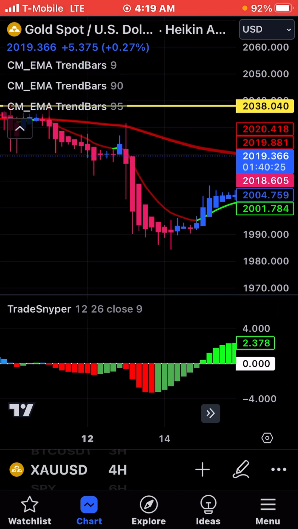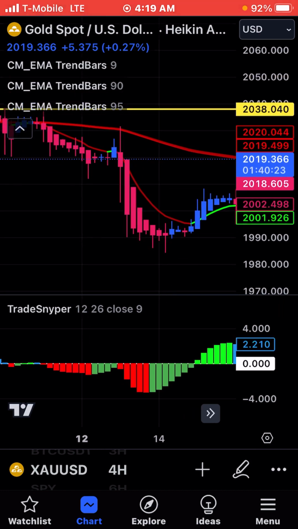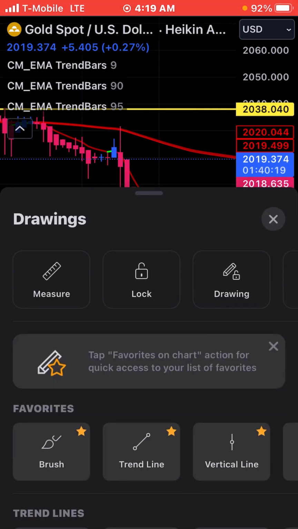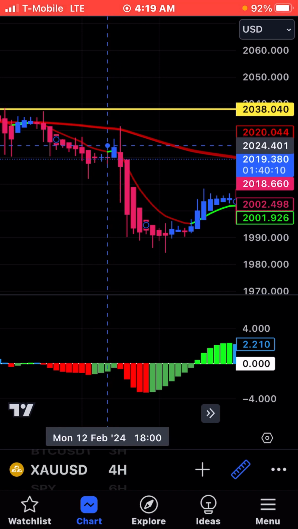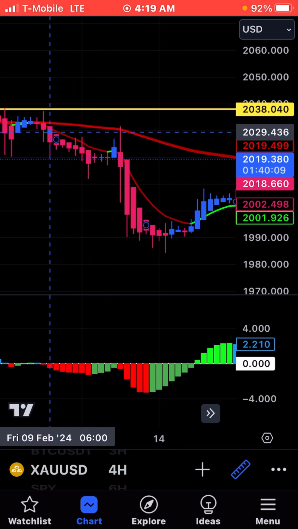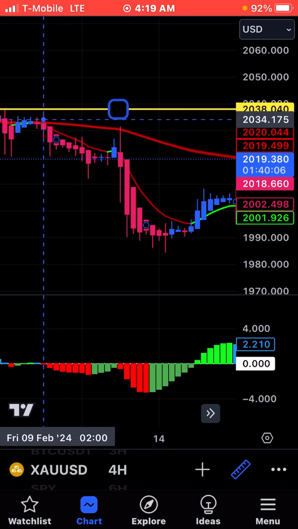Now, the thing about gold is you can make a lot if you understand where it's going and the direction. So you could actually end up making a lot. And you probably can blow up your Forex account if you really understand the trend and where it's going. So that's a good thing. So we see it happen right here.